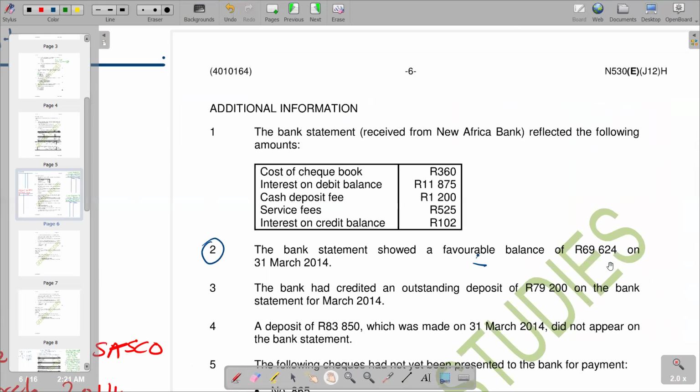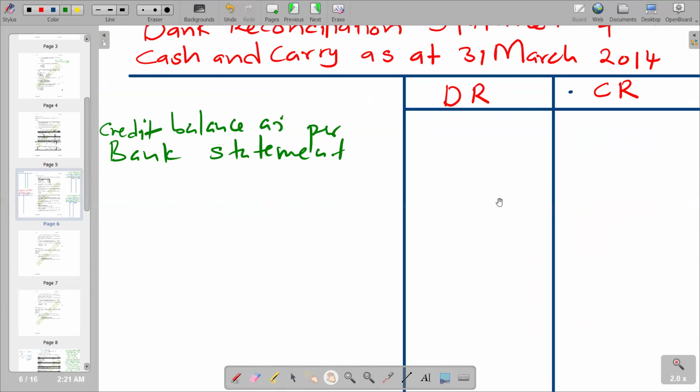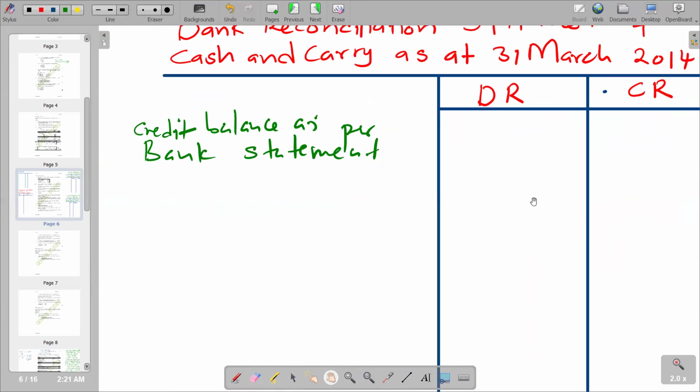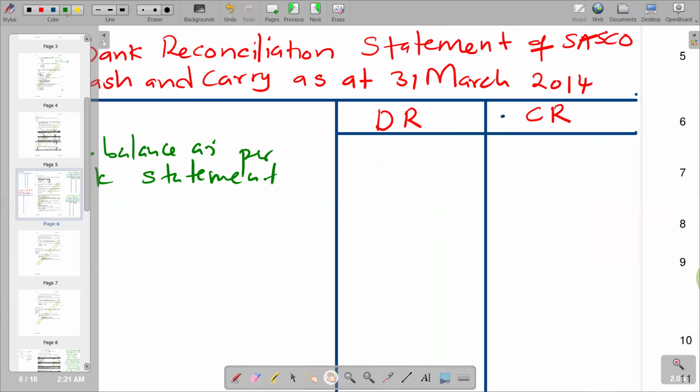So we're saying 69,624 on the credit side. So this is what we have. It means we have completed all the opening balances that we are given in the question.